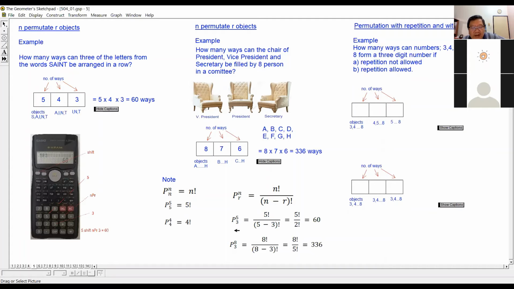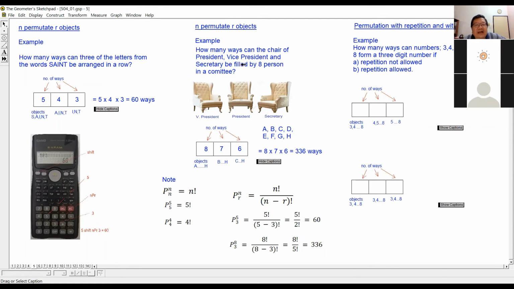So 5P3: you take 5 factorial at the top, then (5 minus 3) factorial at the bottom. It is not 3 factorial, but 5 minus 3 factorial. So 5 factorial divided by 2 factorial, answer is 60.